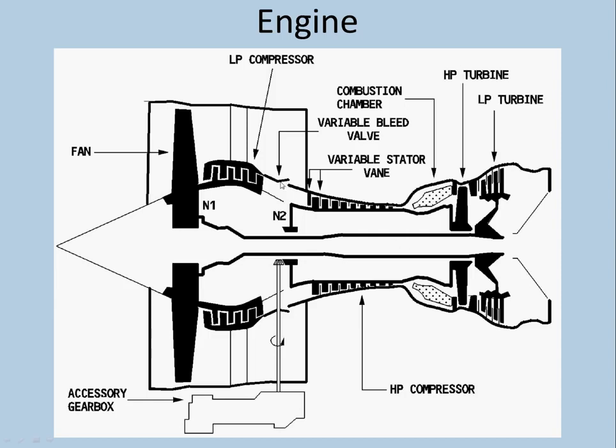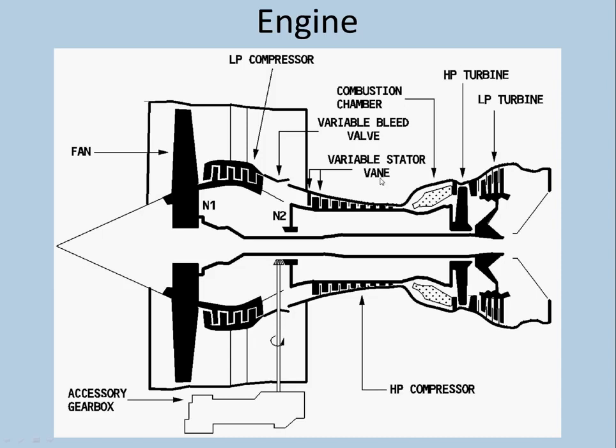It will be fully open during start, low thrust or fast deceleration, and it will be fully closed in high thrust positions. In high thrust you really do not need more bleed, so it will be shut.